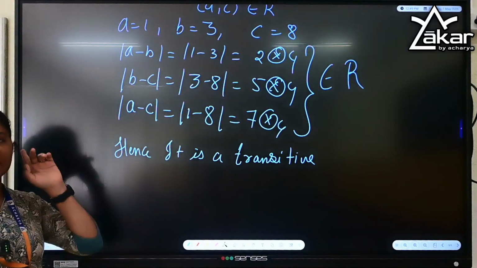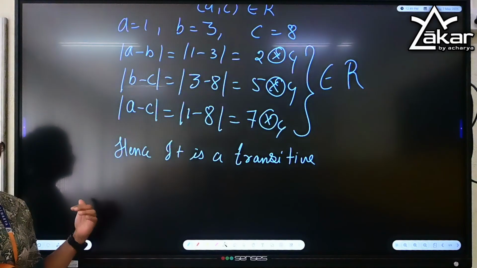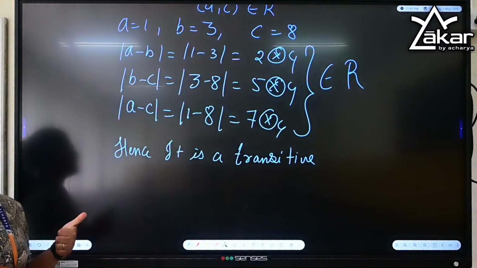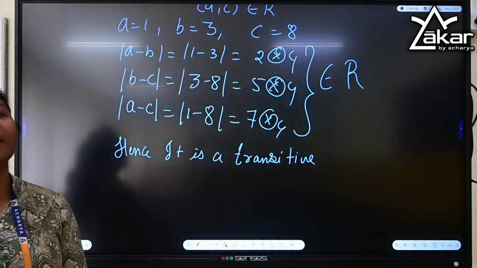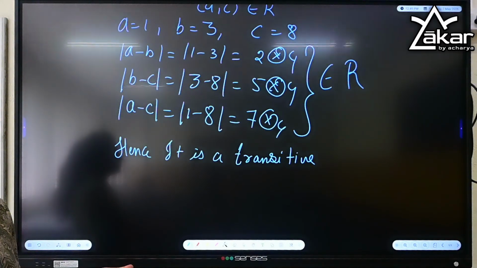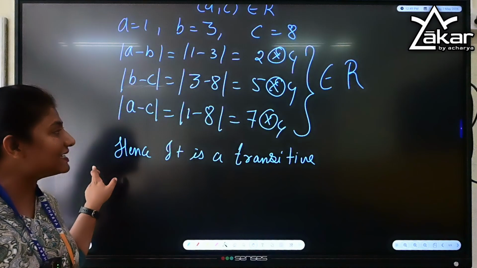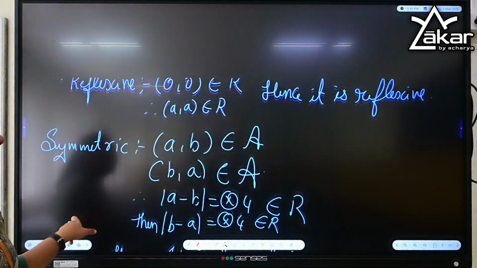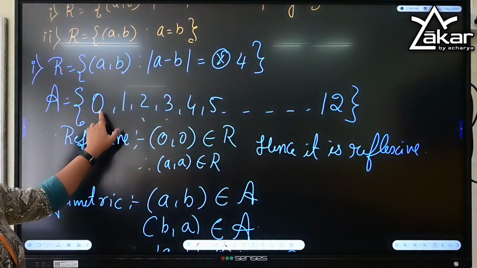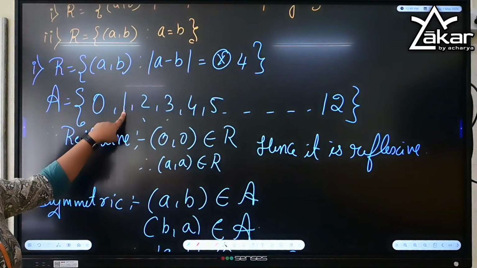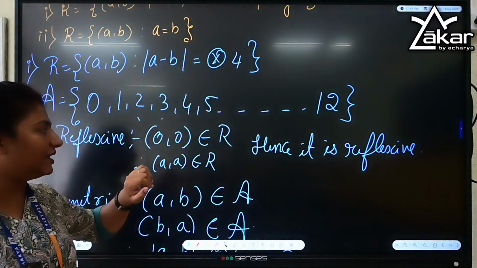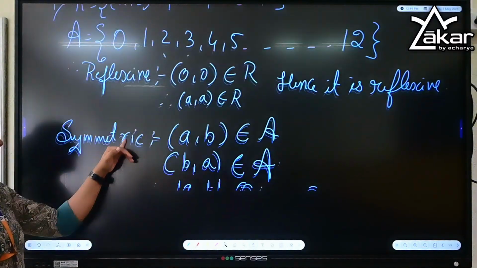If all the three conditions are satisfied, obviously it is an equivalence relation. According to this, we have missed a small thing here. If it is a multiple of 4, what are the elements that will be available for the given set A? That is, 1 is available, again 5 is available and 9 is available. How can I say it is 9?